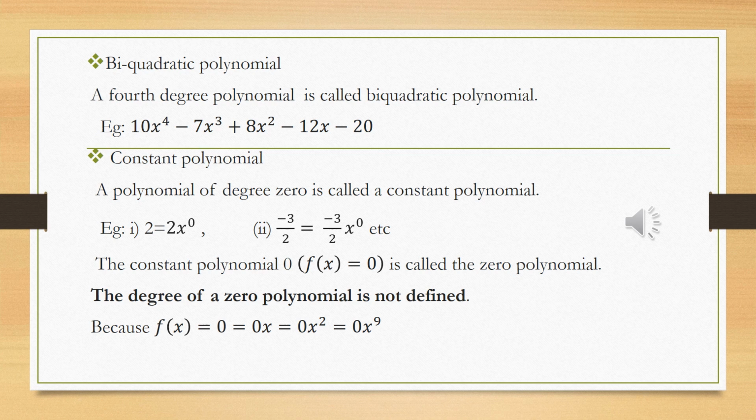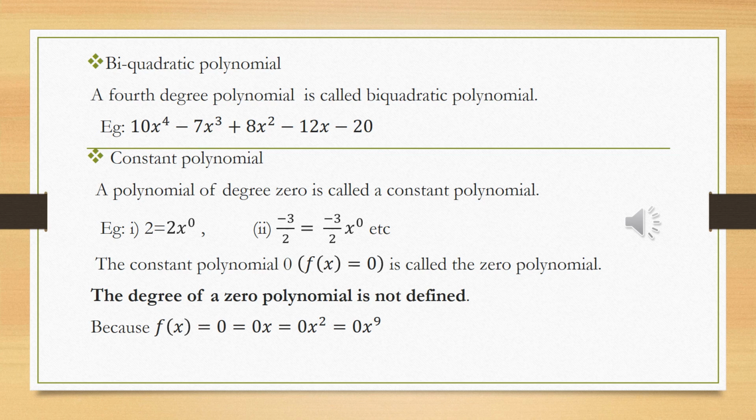So we can say 2 is a constant polynomial of degree 0. Negative 3 by 2 also can be written as negative 3 by 2 into x raised to 0. Therefore, all the numbers we can call a constant polynomial.